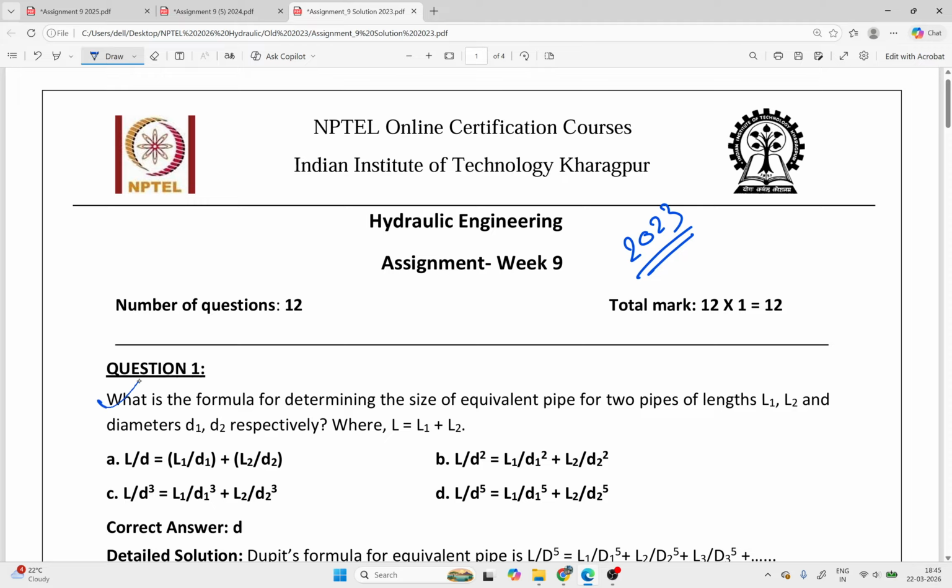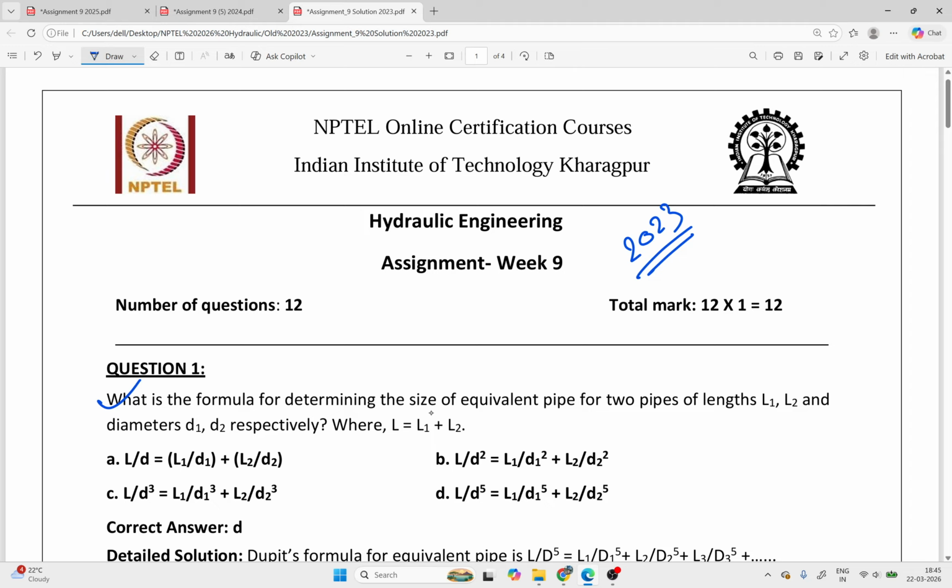So now here, what is the formula for determining the size of equivalent pipe for two pipes of length L1, L2 and diameter D1, D2 respectively, where L is equal to L1 plus L2?